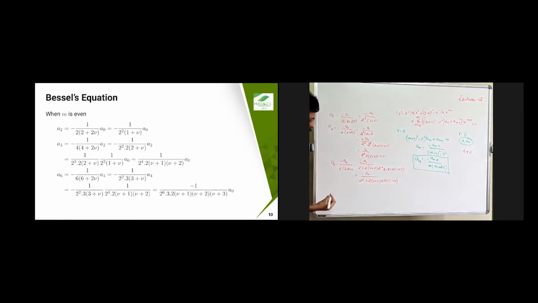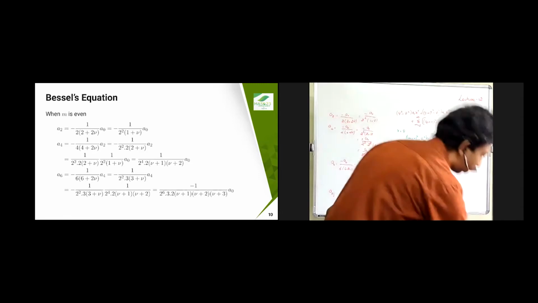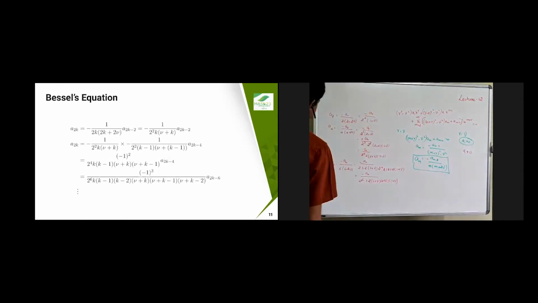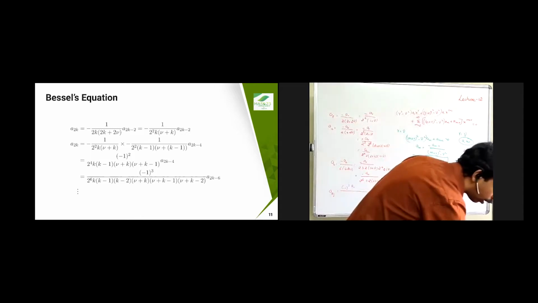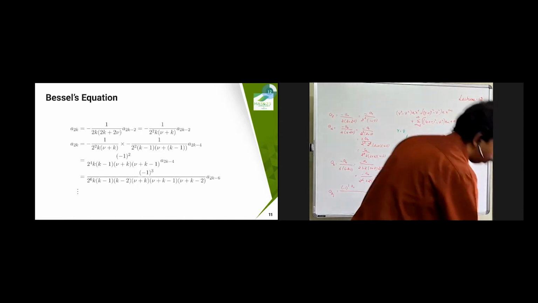So in general, if you take a_{2j}, you can claim that this becomes minus 1 power j into a0 divided by, wherever 6 is there, I have j. Wherever I have 6, I have j coming.